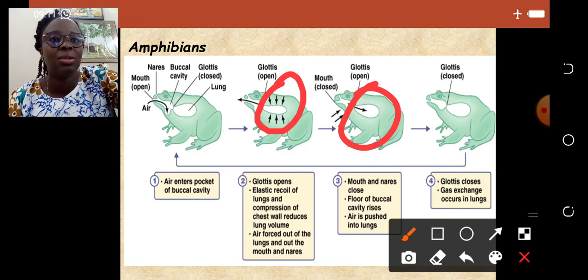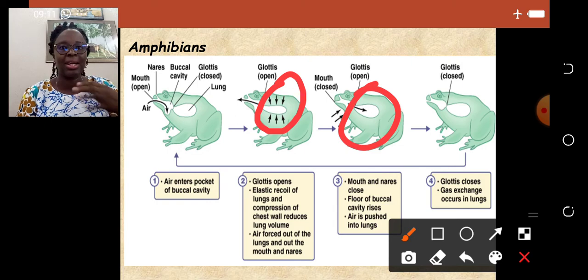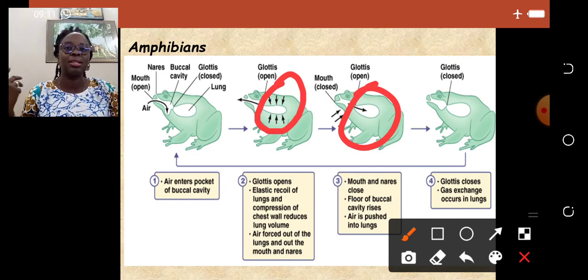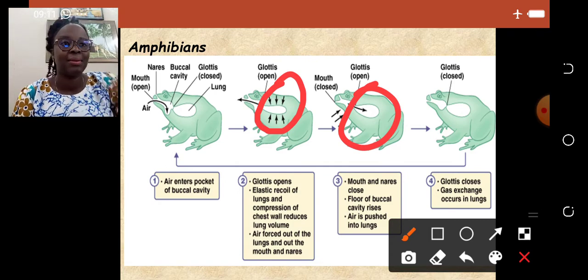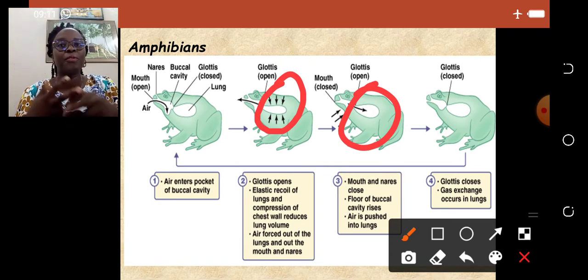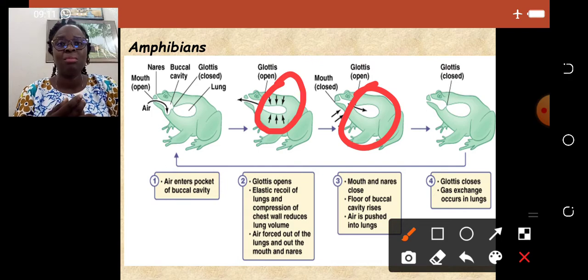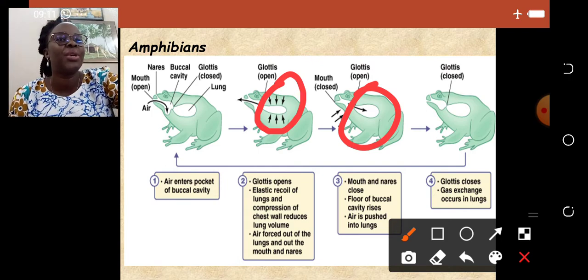From the lungs there is exchange of gas into the whole tissue, and also carbon dioxide is brought back into the lungs and it comes out just like that. So don't forget, your toad, your frog makes use of its skin, its mouth, and its lungs for respiration.